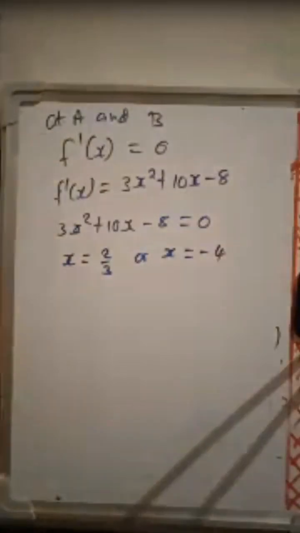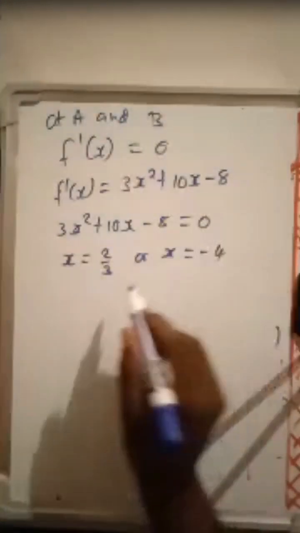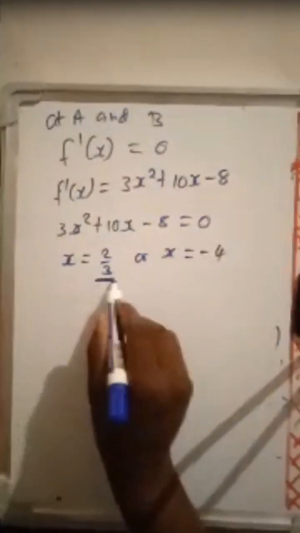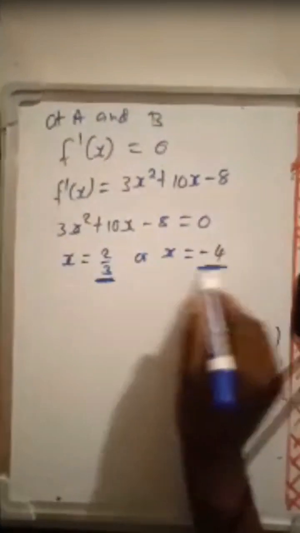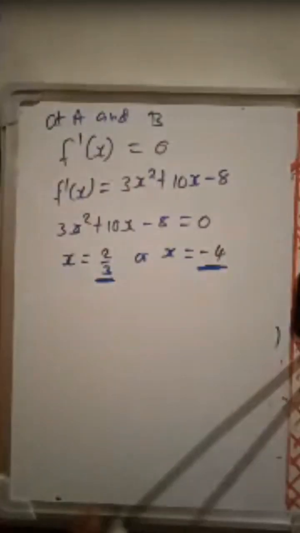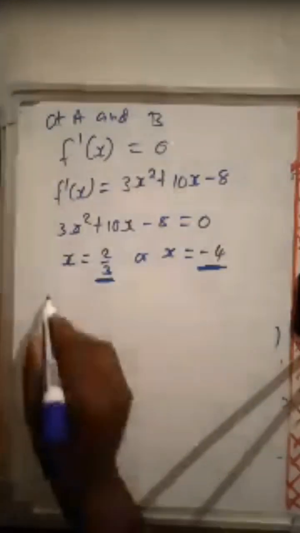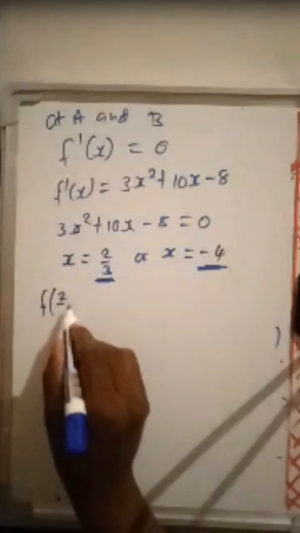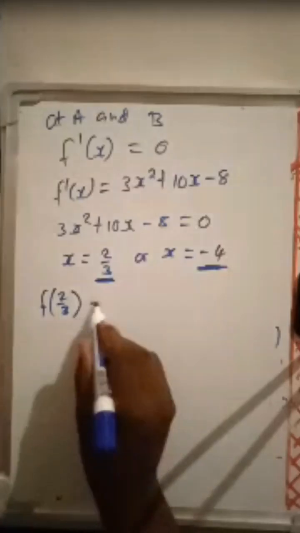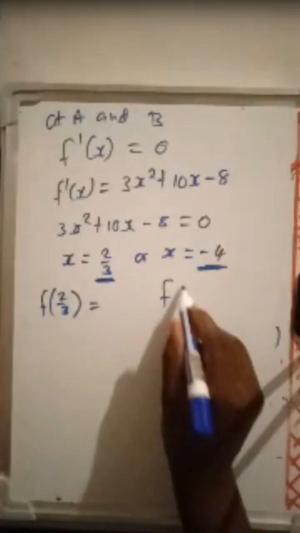Okay, so I've already done this. These ones are the x coordinates of A and B. Now, in order to find the y coordinates, go and do f of 2 over 3. Then you also do f of negative 4.